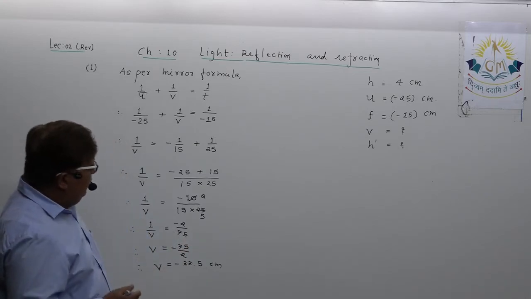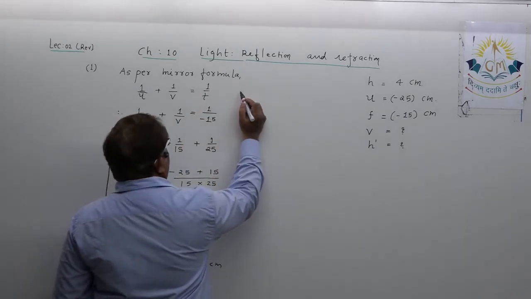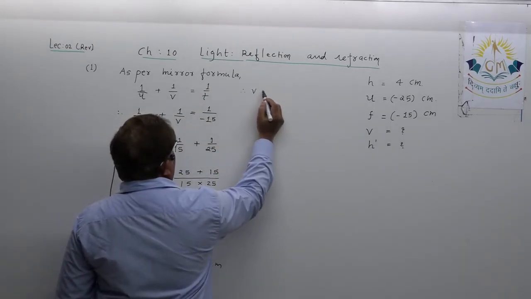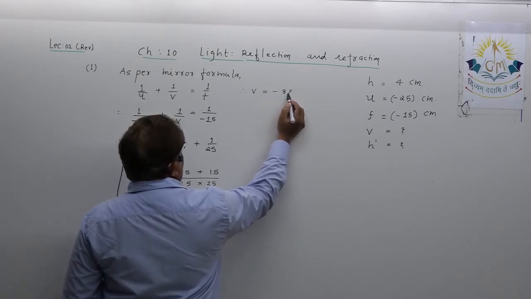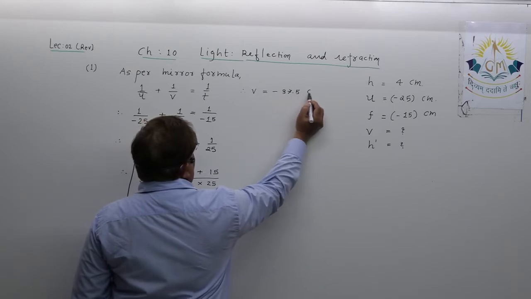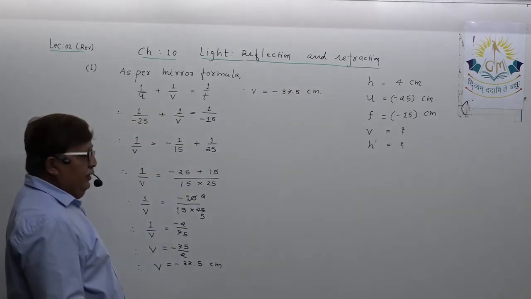So I would like to write the first answer here. v equal to minus 37.5 centimeter. First answer we already got.